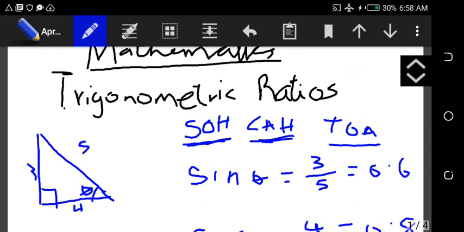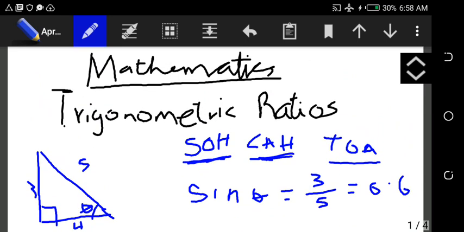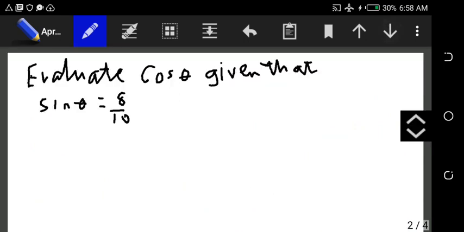Alright, now let's go down and look at the example that I wanted us to look at before. We have the question here: evaluate cos theta given that sine theta is equal to 8 over 10.